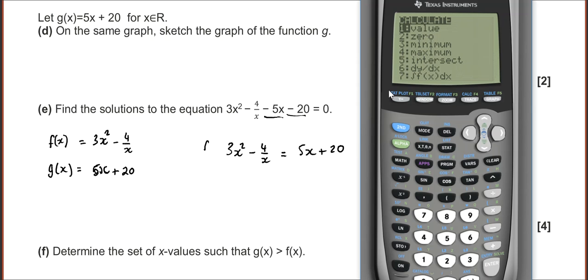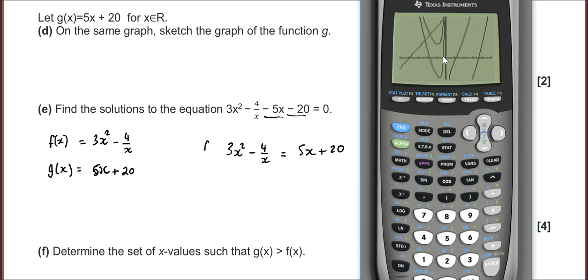And you'll notice that if I went back and switch those back on, if I have them all in one screen, look, where this straight line, where 5x plus 20 crosses this bit, it's at the same point as where this other one is equal to 0. Same up here, look. All right?